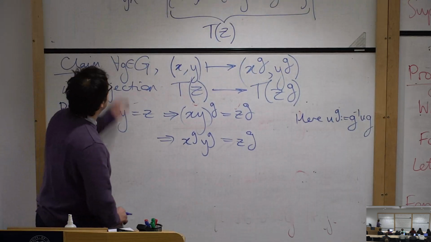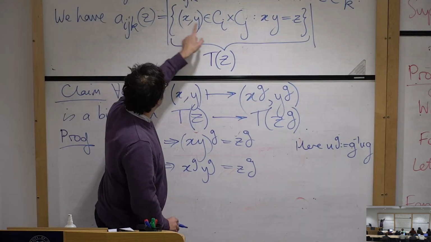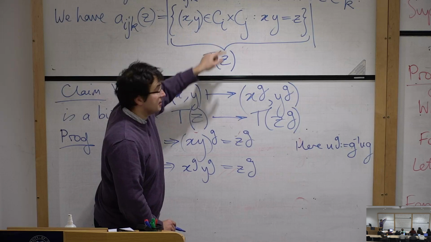And furthermore, right, if you conjugate x, x is an element of Ci. If you conjugate it by G, you're still in Ci because Ci is a conjugacy class.